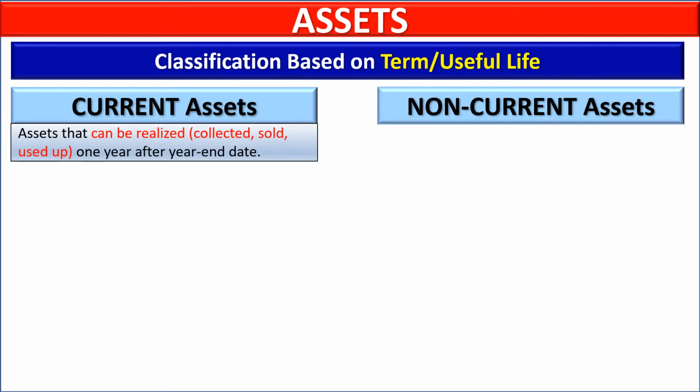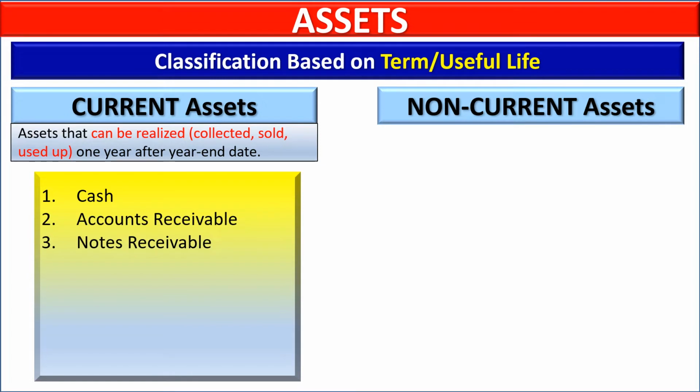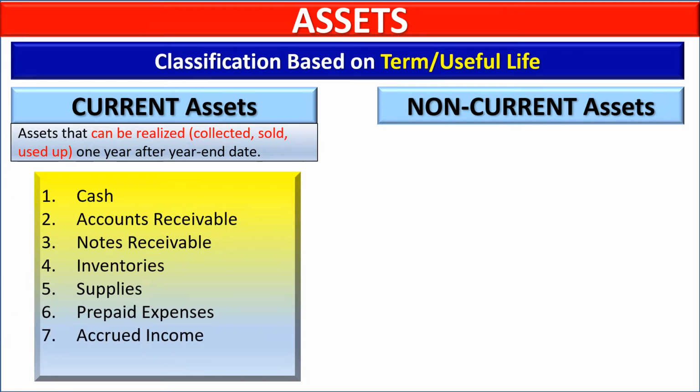So within a year, these assets can be used up, can be collected, and can be sold. Here are the current assets: cash, accounts receivable, notes receivable, inventories, supplies, prepaid expenses, accrued income, and short-term investments.